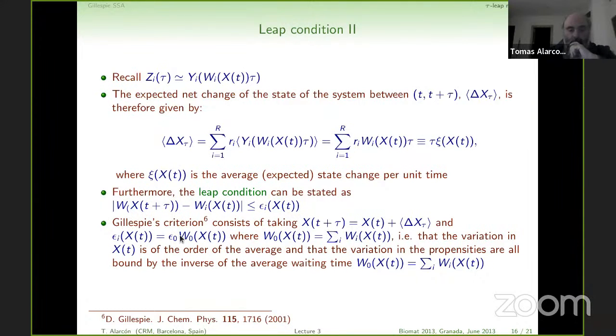And then it's bounded by this W0, which corresponds to the sum we defined before. So basically the variation in x of t is of the order of the average, and the variation of the propensities, which is the variation of the W functions, are all bounded by the inverse of the average waiting time.